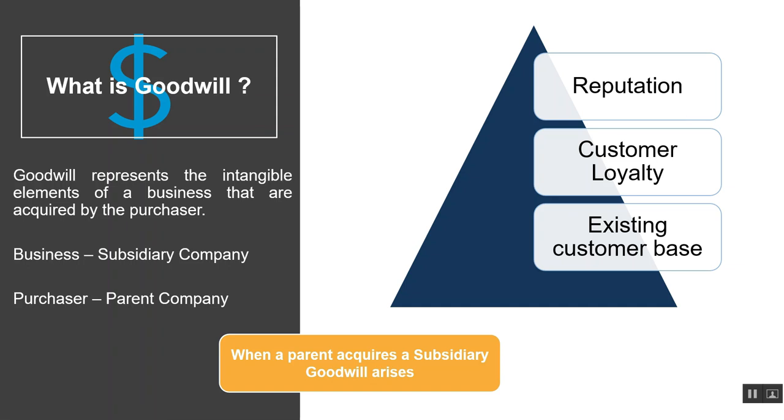Let's say the subsidiary company is a well-reputed company. For that reputation, the acquiring or parent company will have to pay a premium price over and above the value of the company. Here the value means the net assets of the company. So reputation constitutes goodwill.